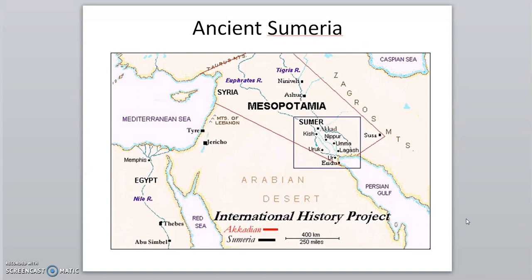And that brings us to a featured culture, which is ancient Sumeria. The textbook gets at this, and this is a very interesting ancient culture in that they lay claim to many of the firsts that we define as civilization. Mesopotamia literally means the land between two rivers.